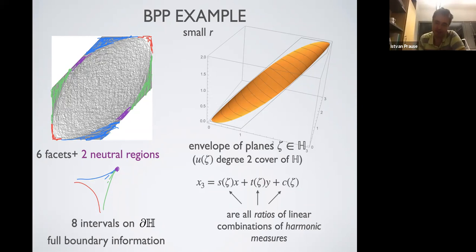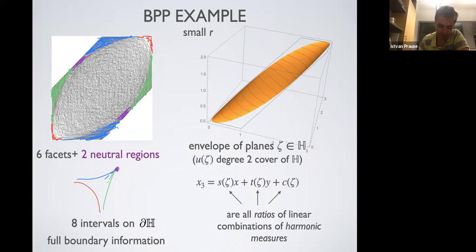So in that case, we actually have again from the boundary conditions in the facets full boundary information, and the conical point is a bit more tricky, because here there is no facet in the limit shape. But nevertheless, it's a ratio of two harmonic functions, and in that part both harmonic functions vanish.